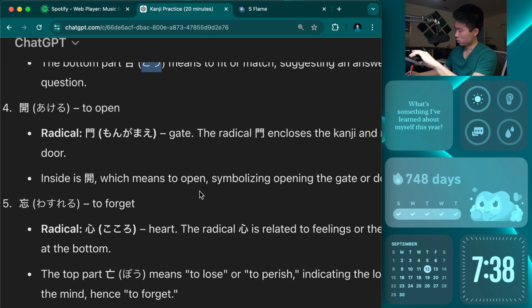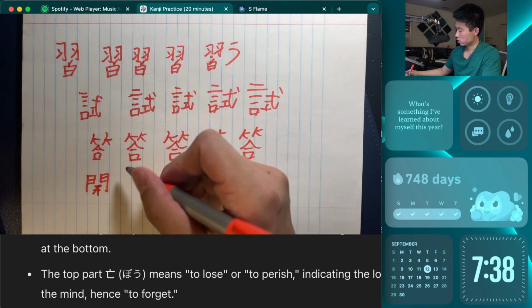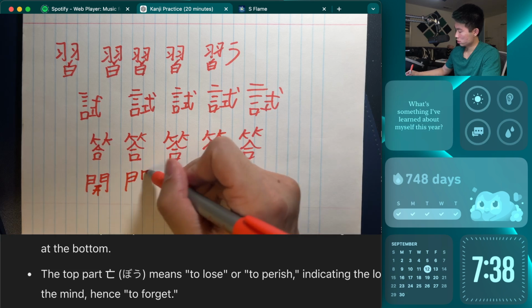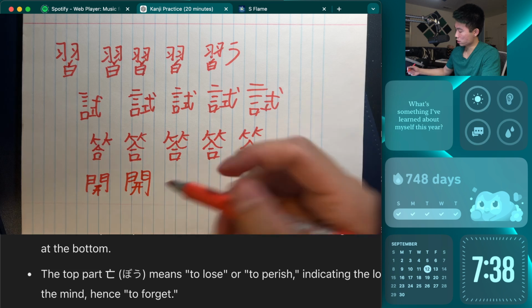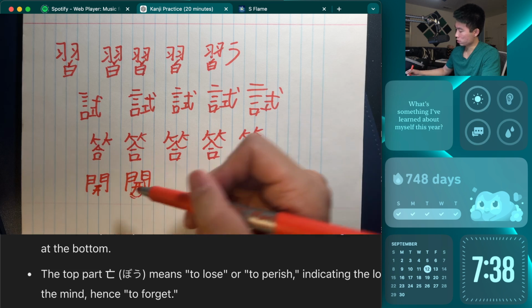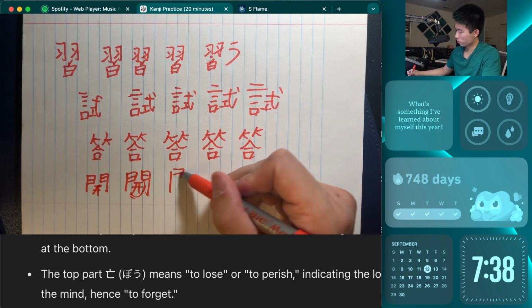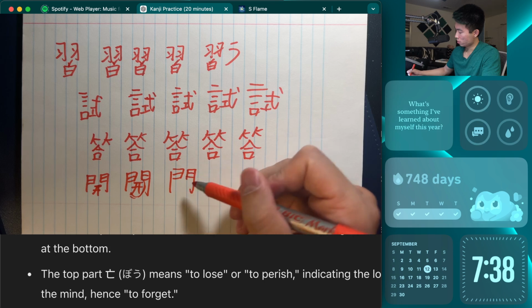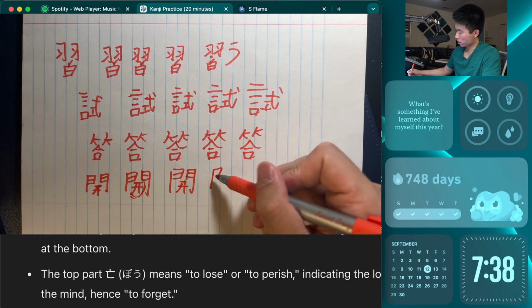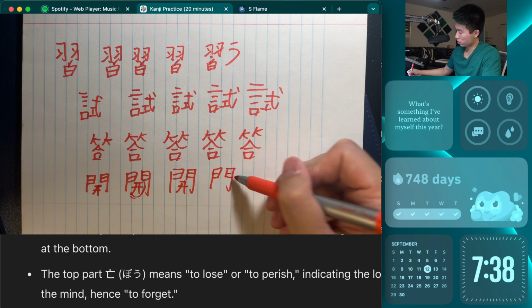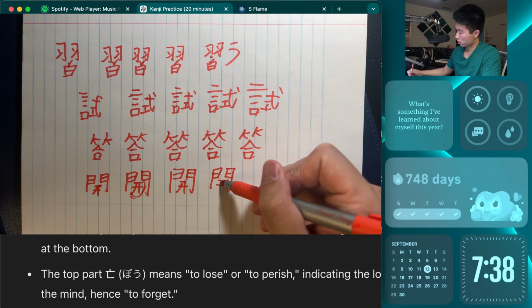So in the inside, I guess we just have to remember that this kanji right here, the symbol means to open. The mon part is easy enough. This sort of reminds me of those tori thingies.